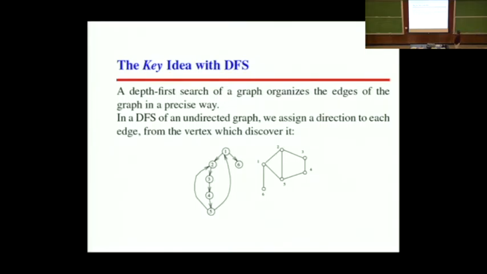But depth first search has a very interesting property. In breadth first search, we said that everything was either a tree edge or a cross edge. In a depth first search of an undirected graph, every edge is either a tree edge or a back edge to an ancestor. Think about this for a while.